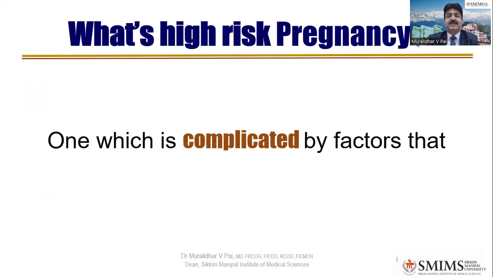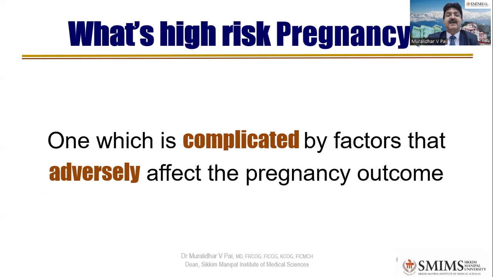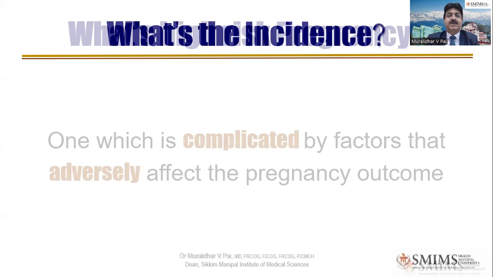What is high-risk pregnancy? The high-risk pregnancy is one which is complicated by factors that adversely affect the pregnancy outcome. It could be any factor. There could be generalized factors, family factors, past obstetric factors, present obstetric factors, any factor that will have an adverse effect on the pregnancy outcome.